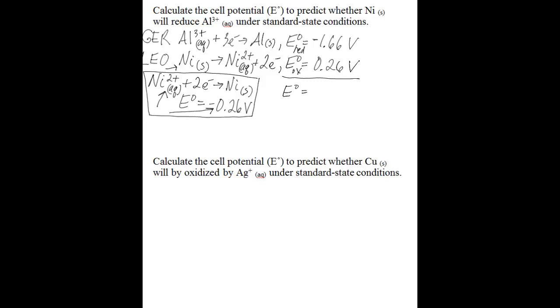But when you add those two together, you get a value of negative 1.4 volts. So that is actually the cell potential value that you were asked to calculate. The general rule with cell potentials is that when you have a negative value, the reaction is non-spontaneous. And when the reaction is non-spontaneous, then it will not occur under standard state conditions.